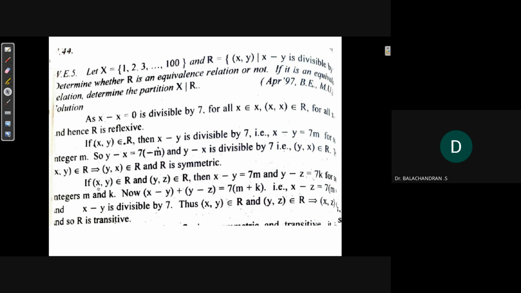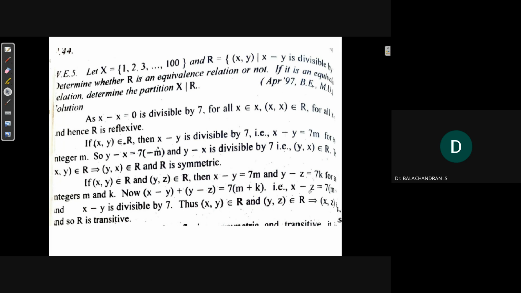The last one: (x, y) in R and (y, z) in R. (x, y) in R means x minus y is divisible by 7, and y minus z is divisible by 7. If I add these two, x minus y plus y minus z equals 7 times m plus 7 times k, so again it is a multiple of 7. Y gets cancelled, so x minus z equals 7 times (m plus k).